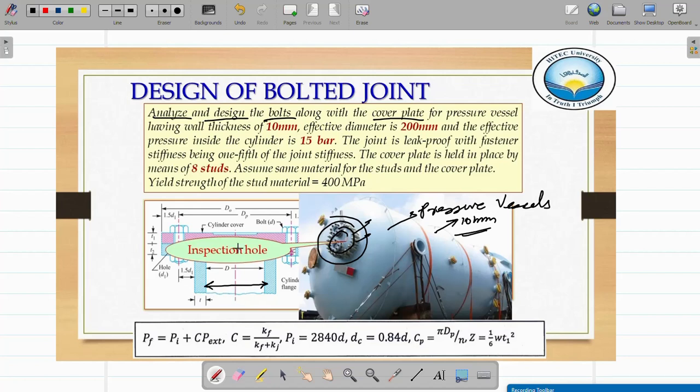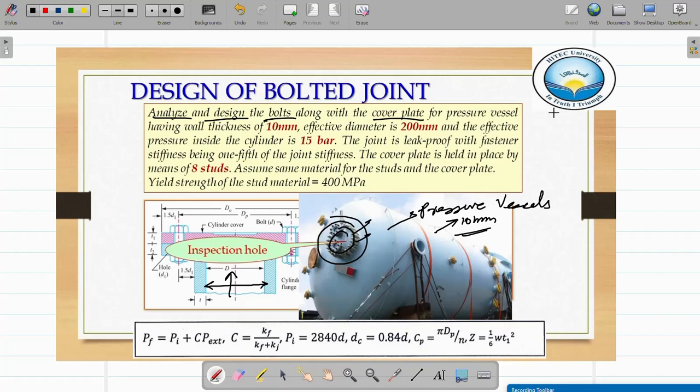Don't compare it with these large ones. This is just to give an example of how these joints are used, but the effective diameter, in which fluid can apply a load, is 200 mm, and the inside pressure of the gas is 15 bars. 15 bars is roughly 1.5 megapascal.